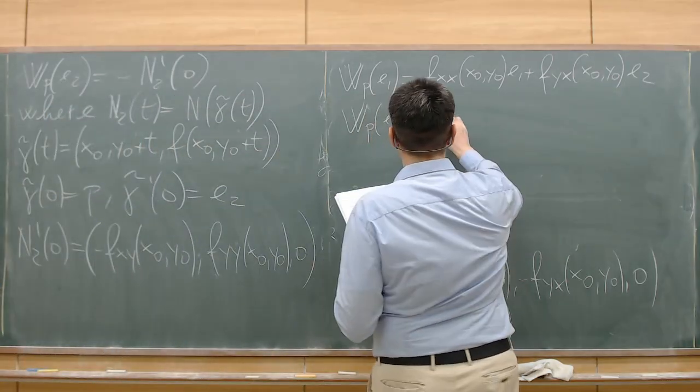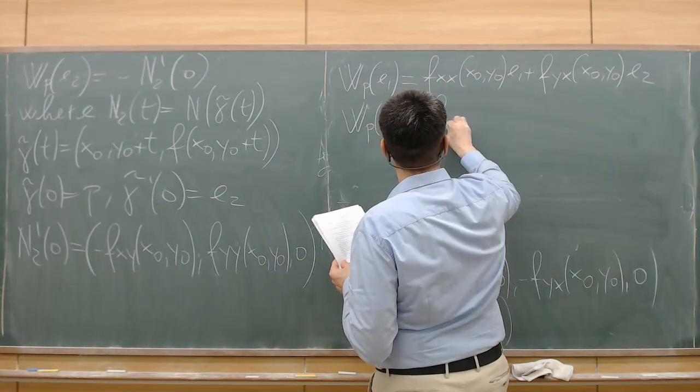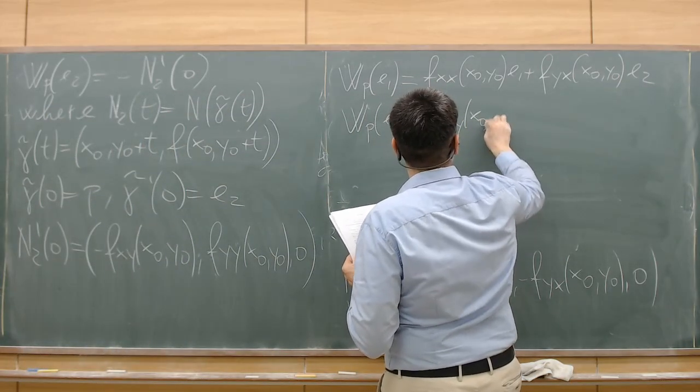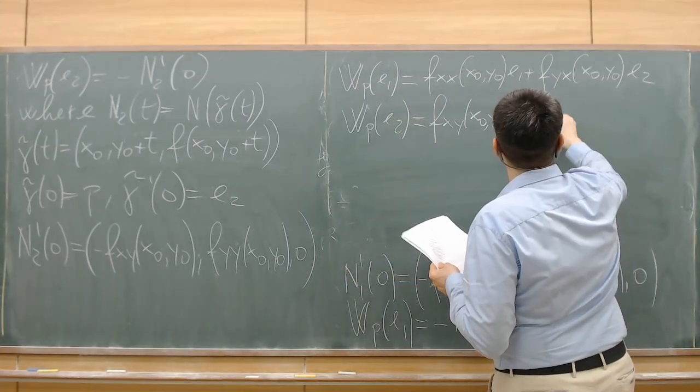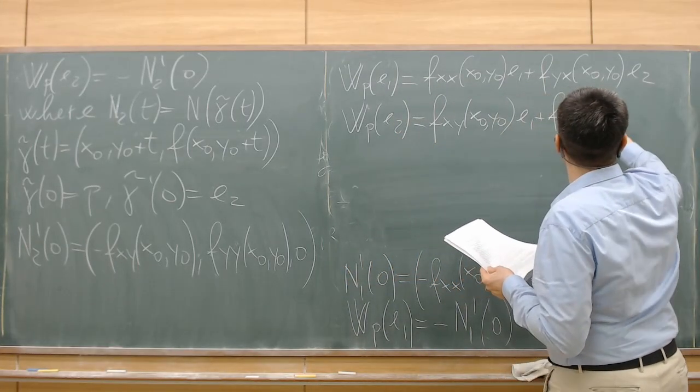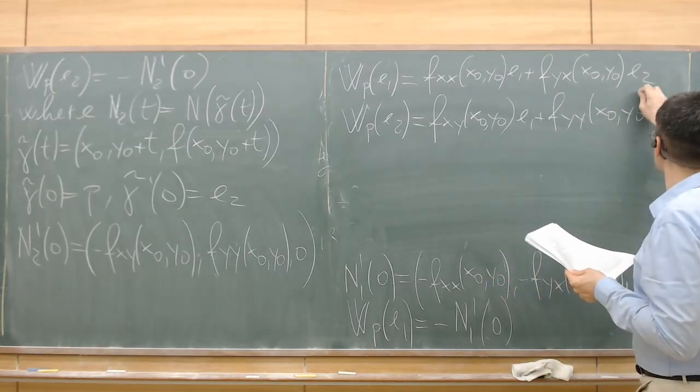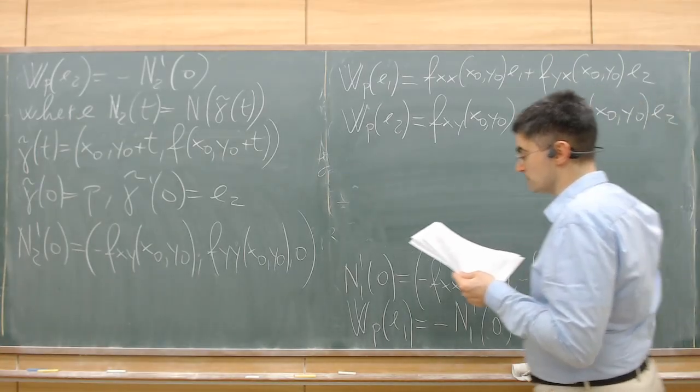So it is given by fxy at x0, y0 times E1 plus fyy at x0, y0 times E2.